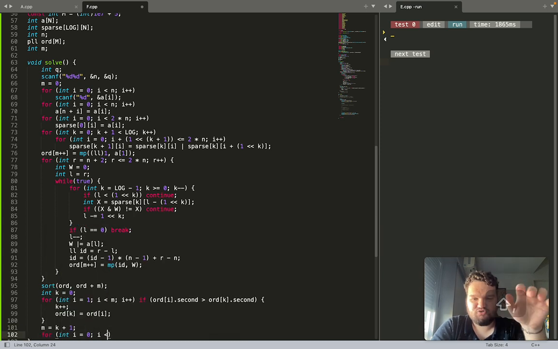And now in each pair I first had position then value, now swap them so that the answer for a query is just a lower bound.